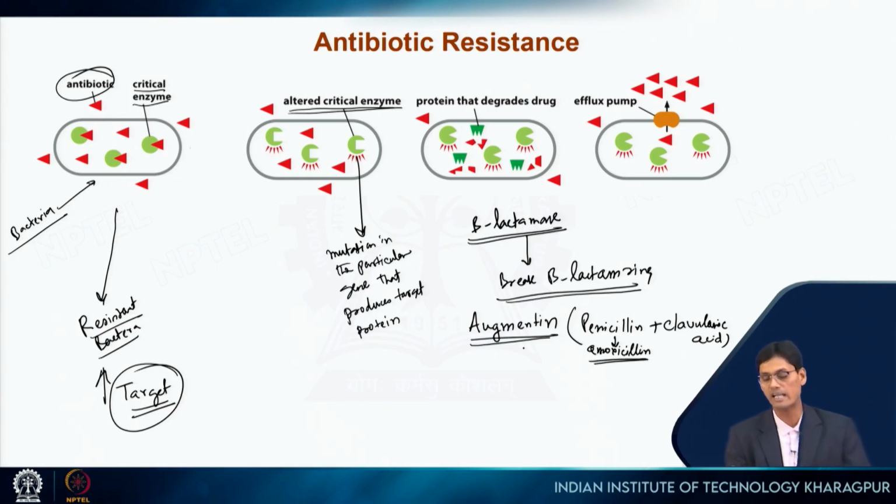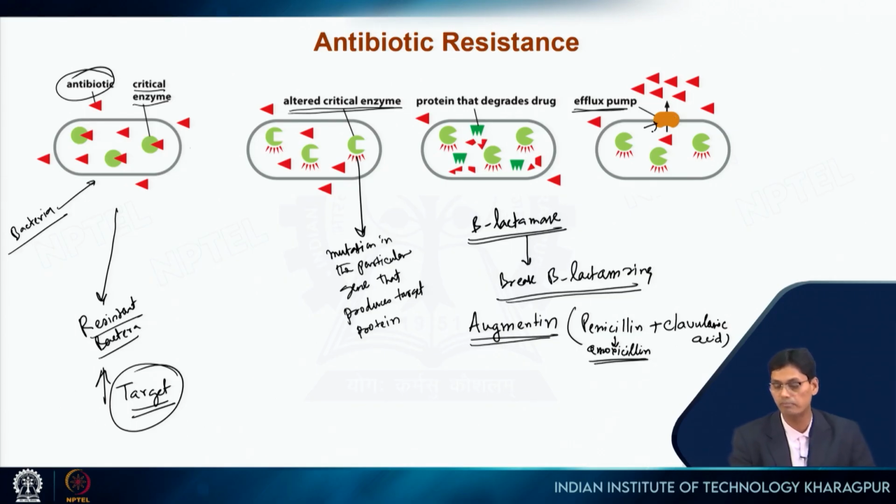And another strategy very often used by bacteria: we are trying to treat with an antibiotic drug, right? It should go inside the bacteria and then stop a critical step inside the bacteria. Now bacteria will try to survive. So what they will do, this is the efflux pump, as you can see.